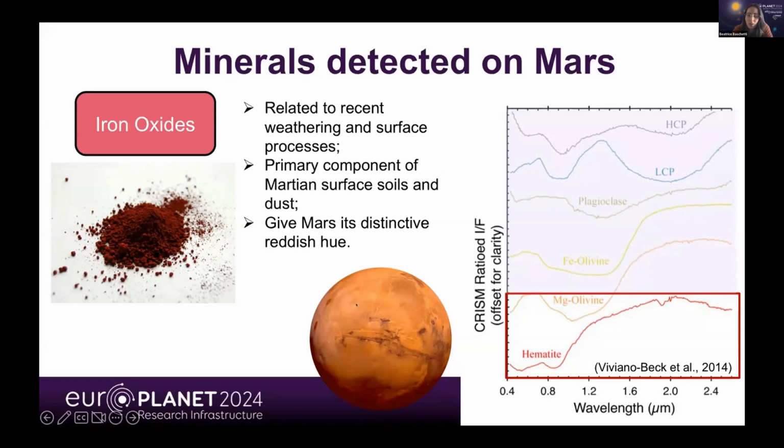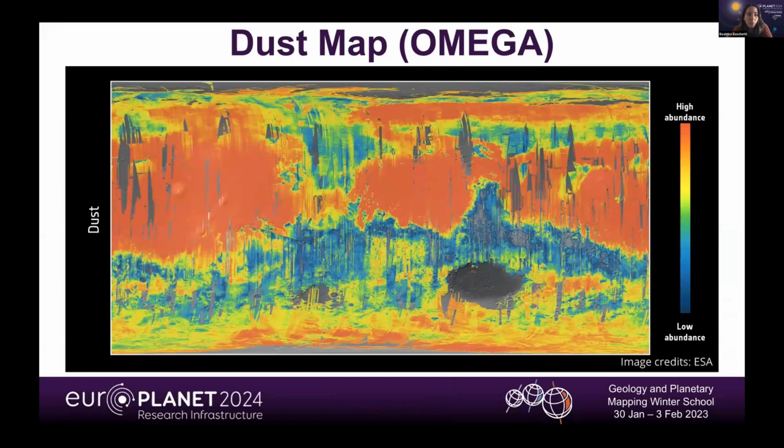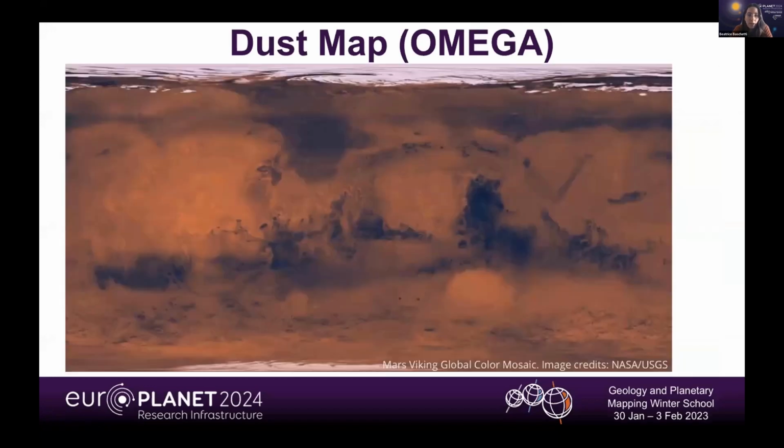To see the distribution of dust on the surface of Mars, here I put a map from OMEGA showing the dust coverage, and basically the red areas are the ones with a higher abundance of dust. If you look at the surface at visible wavelengths, it's where you have the more reddish areas.